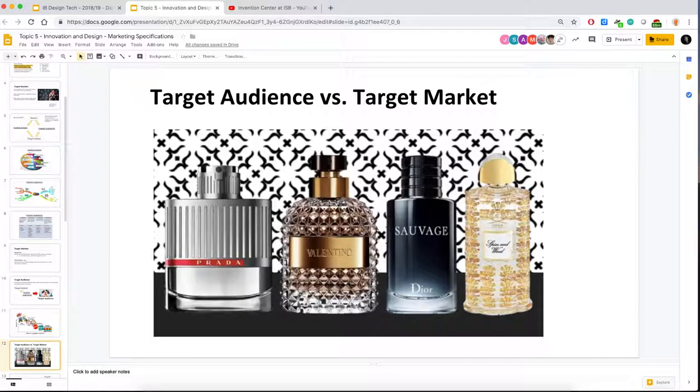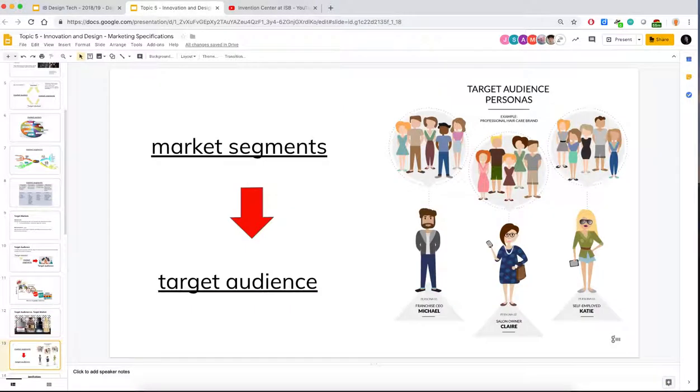That's another example of audience versus the market. Okay? Everybody following at home? Okay, good. You'll figure it out. Oh, well, you know what I mean. It's this one, segments and audience.